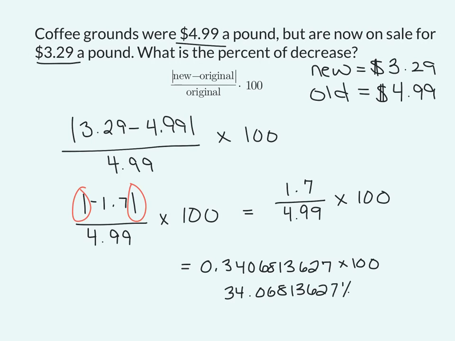Now I'm going to round to 2 decimal places. So if you look at the second decimal place, we'll look at the value to the right of it. That's an 8. Since 8 is greater than 5, I'll round the 6 up to a 7. So my final answer is 34.07%.